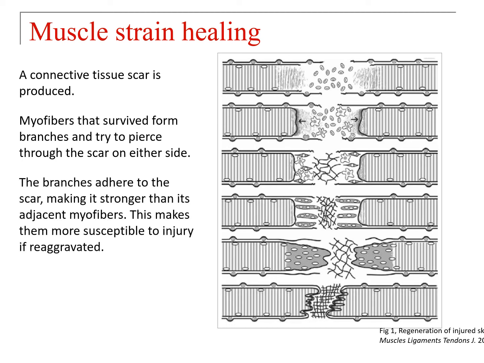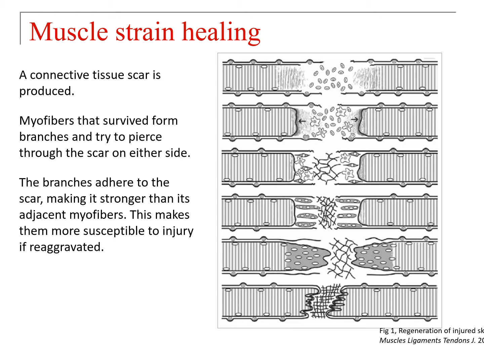So you can see here that they're reaching out these sort of extensions, and these branches actually adhere to the scar. The problem is that when those branches adhere to the scar, it makes this myofiber a little bit stronger than the adjacent cells, so they're more susceptible to injury if they're re-aggravated.